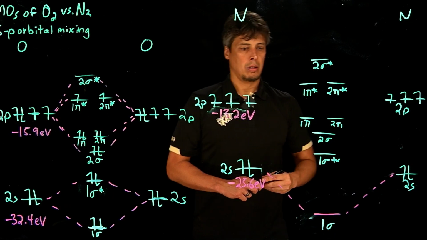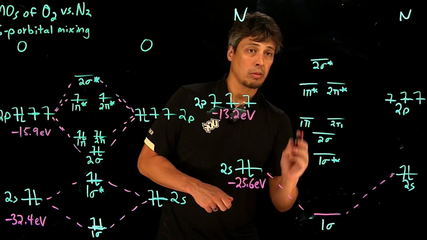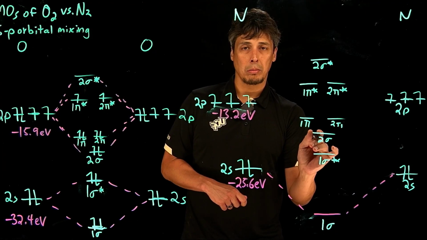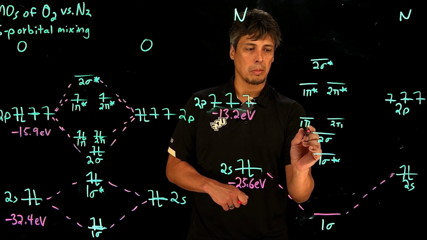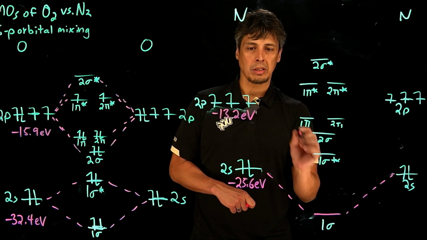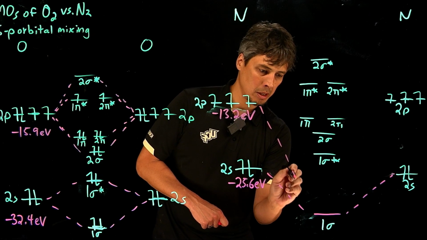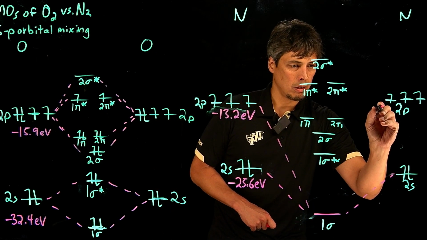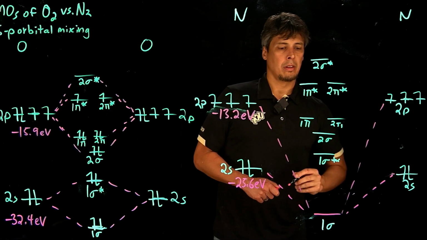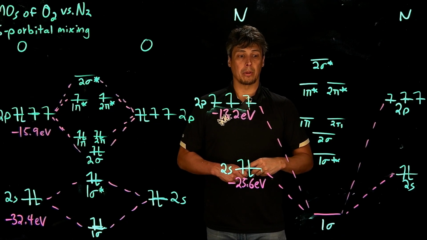In addition, because this 2 sigma MO has mixed in 1 sigma, not only is its energy decreased, but there is also p atomic orbital character in this MO now, okay?